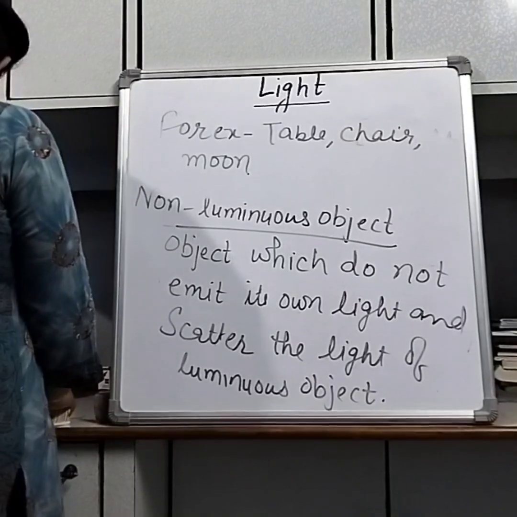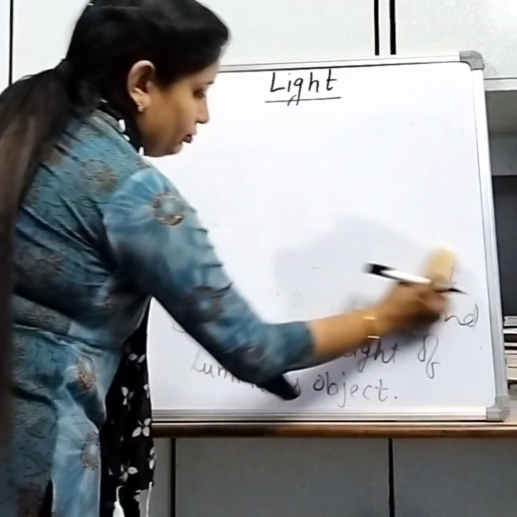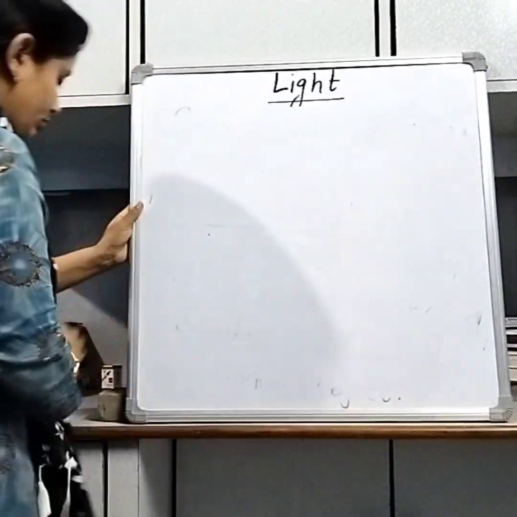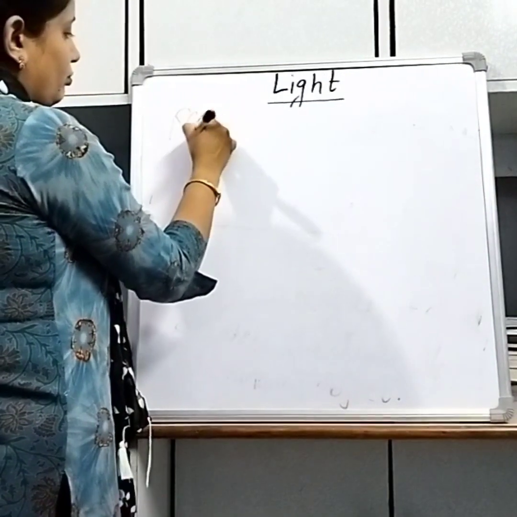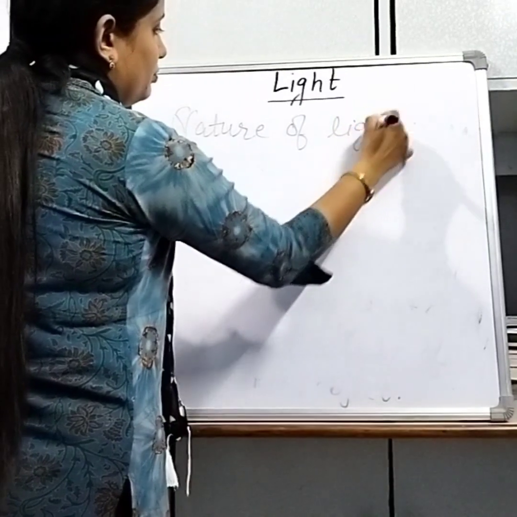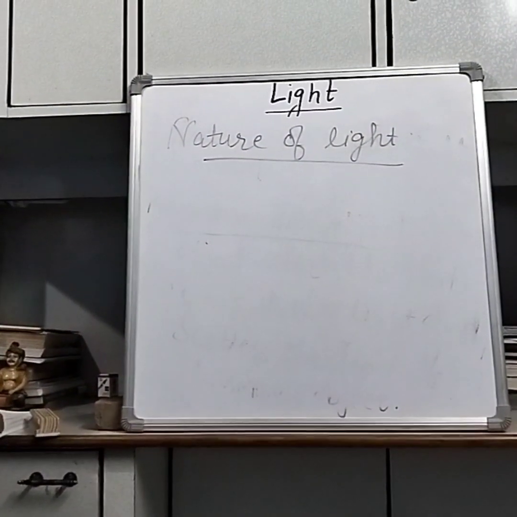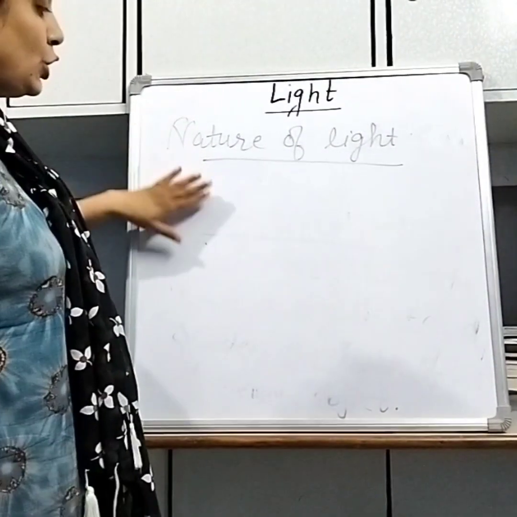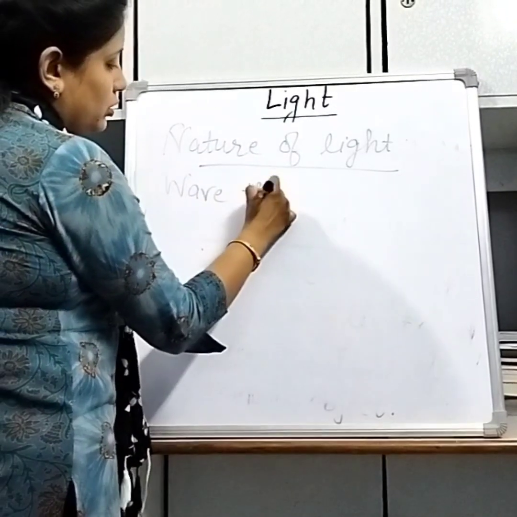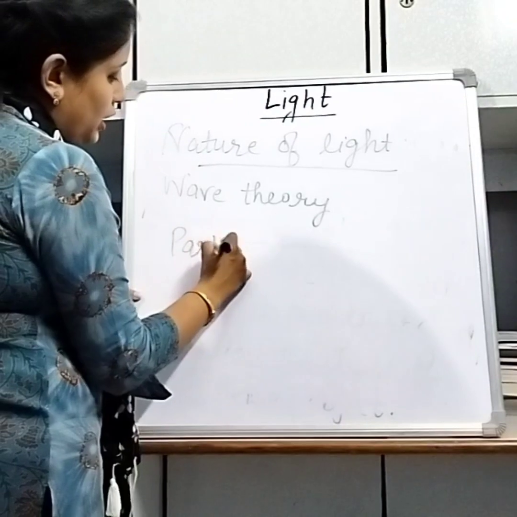Next topic is nature of light. There are two theories which explain the nature of light: wave theory and particle theory.